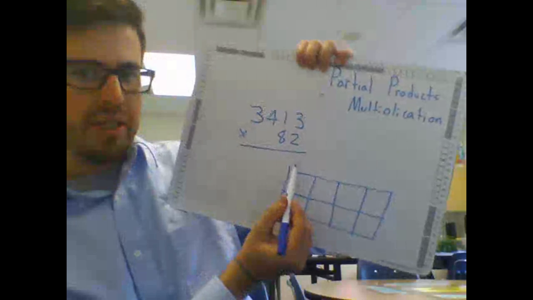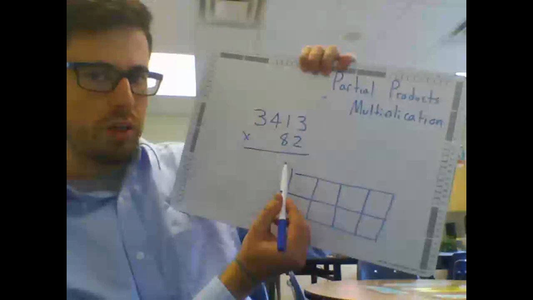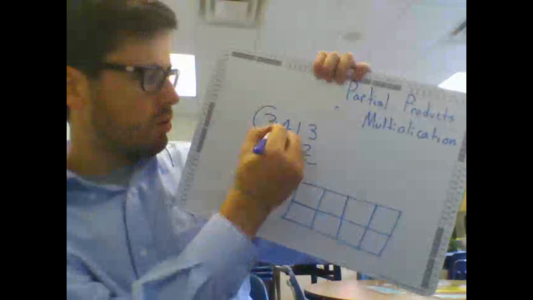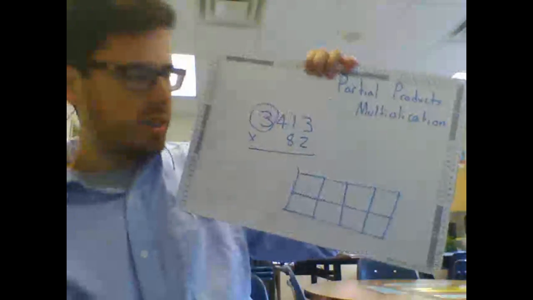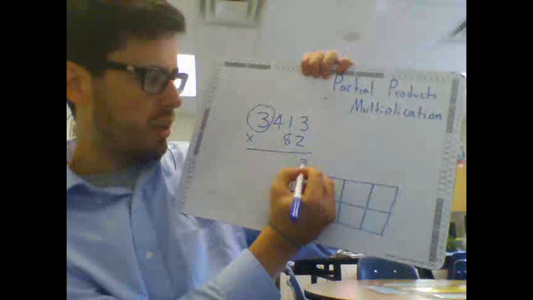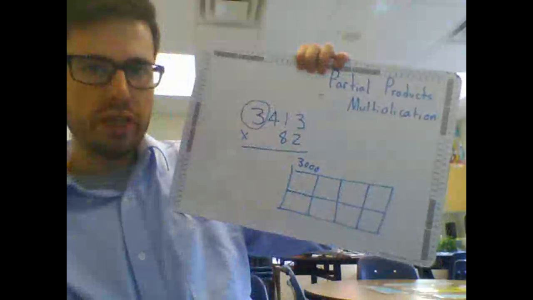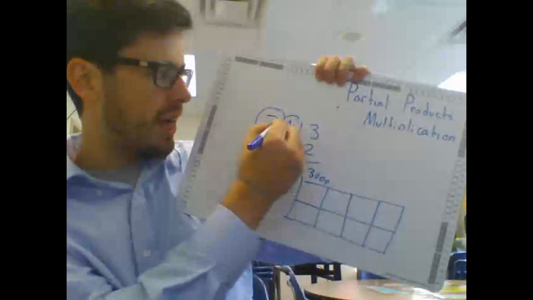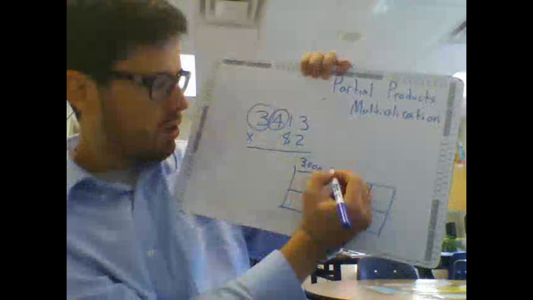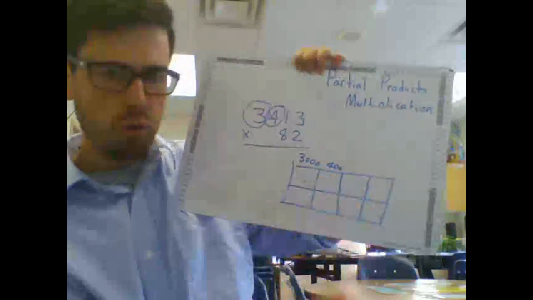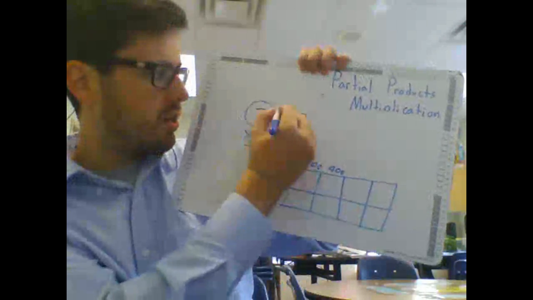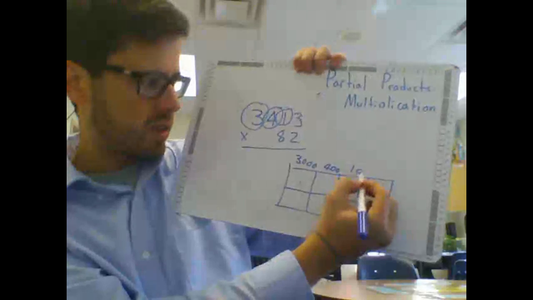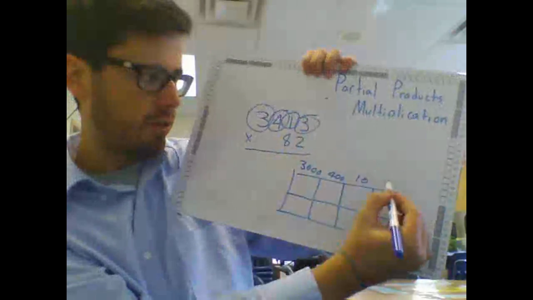This first column, instead of being for our tens like it was before, can now be for thousands. So here we can put 3,000. Next, we'll deal with our hundreds. 400 we'll put there, 10, and 3.